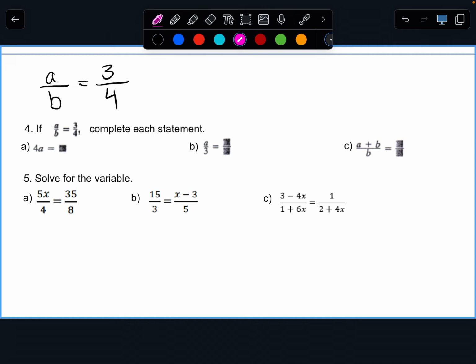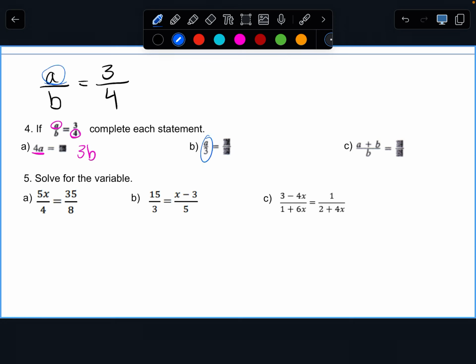Here, if you look where 4 and A are, they cross multiplied, right? So to get the other one, you just cross multiply. So you would do 3B. It's more like figuring out the patterns. That's what I do for these. On the next one, they're doing A over 3.